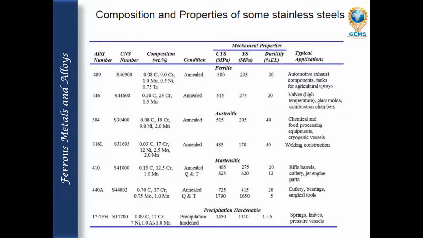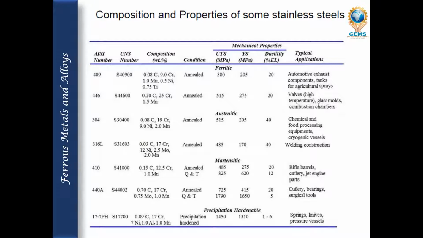Composition of some of the stainless steels. Basically, there is a stainless steel number. The first model number is 409, and the UNS number for that is S40900.